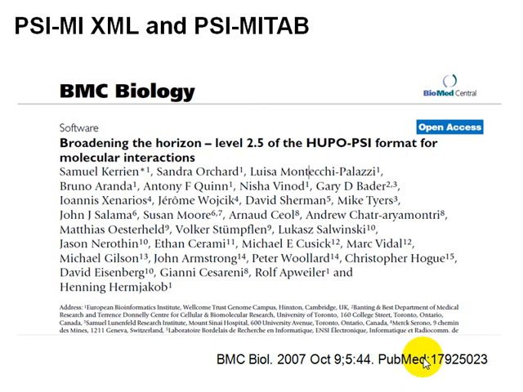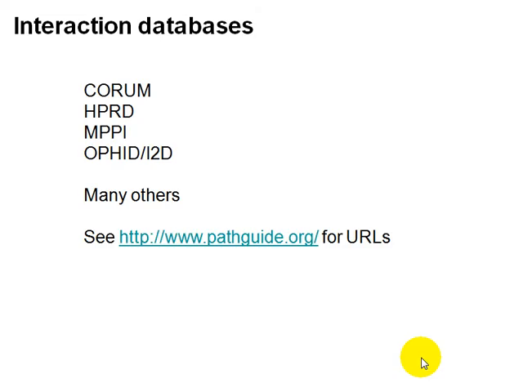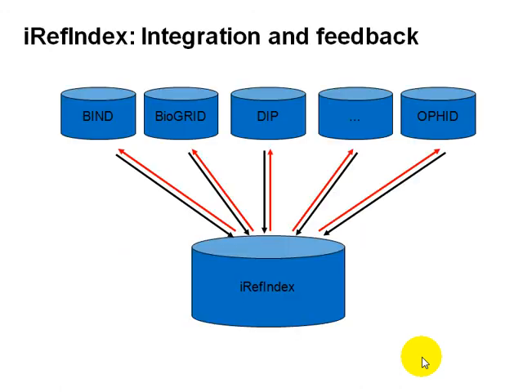In addition, this group also takes care of the molecular interaction ontology, which you can browse through at the ontology lookup service. We also incorporate a number of other interaction databases outside of the IMEX consortium, including Quorum, HPRD, MPPI, and OPHID or I2D. There are many others that we don't incorporate at the moment, and those can be found at pathguide.org.